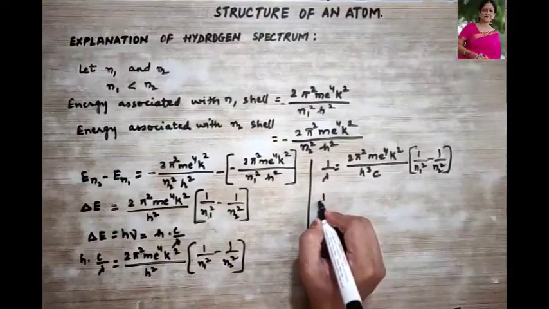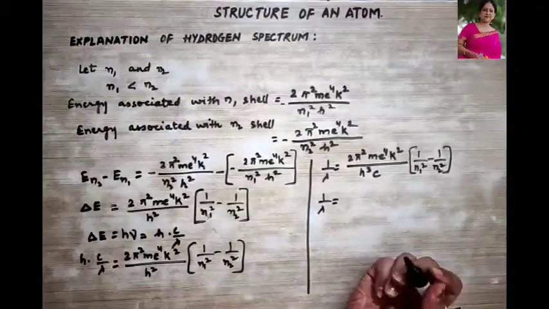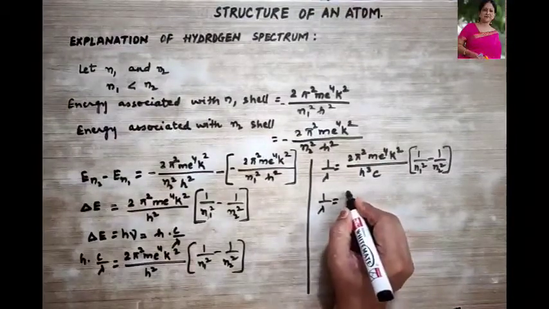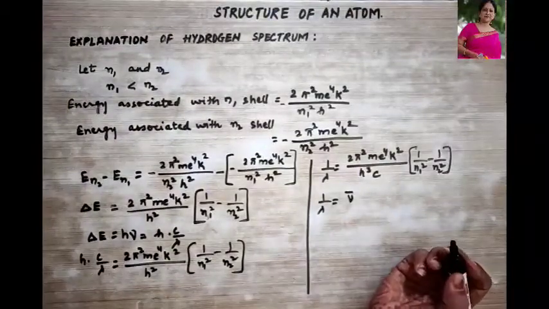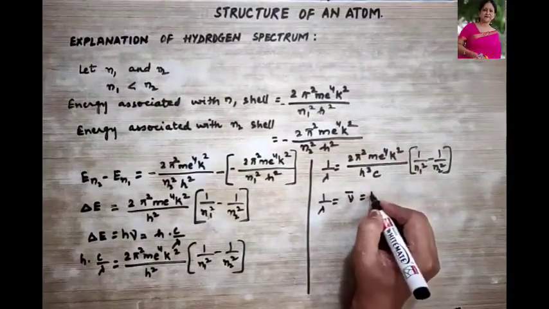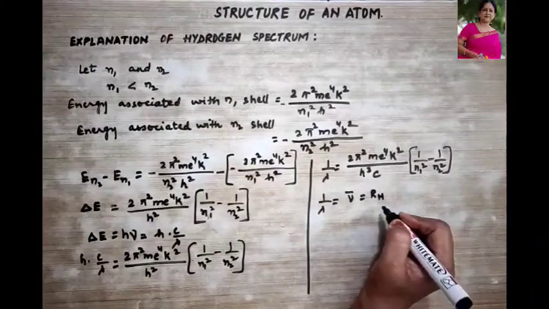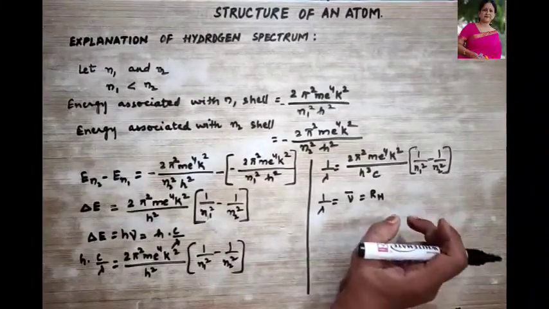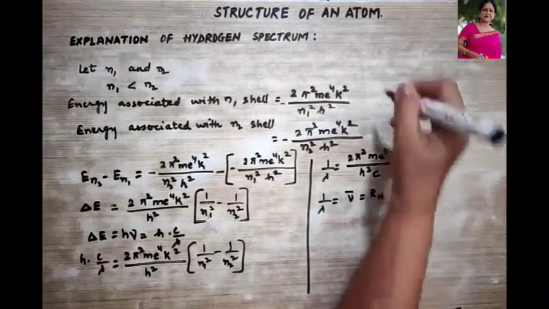Right? So 1 upon lambda, written as nu with a vector sign over it, is also equal to RH. Now you must be wondering what is RH. RH is the Rydberg's constant. I'll write it down over here.